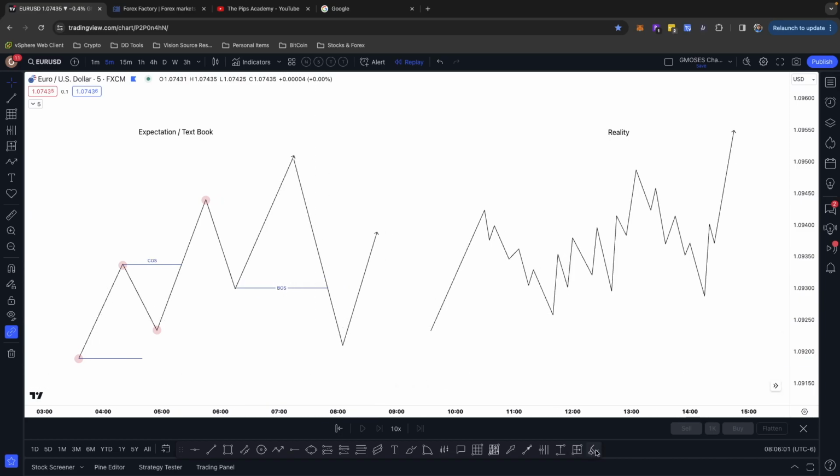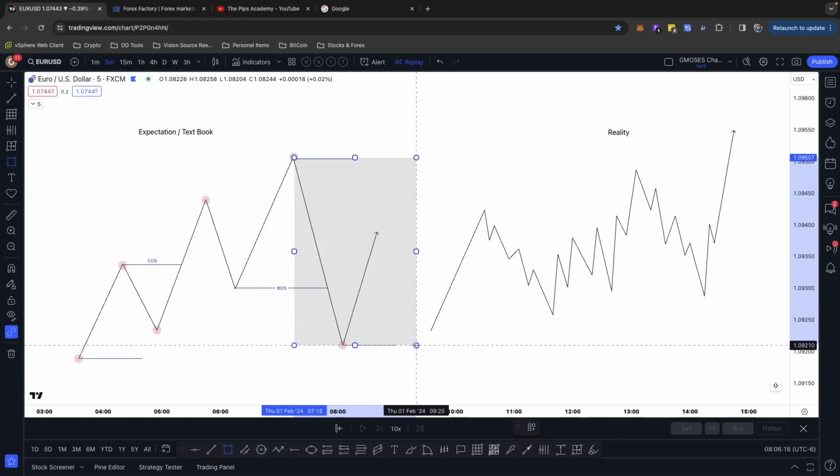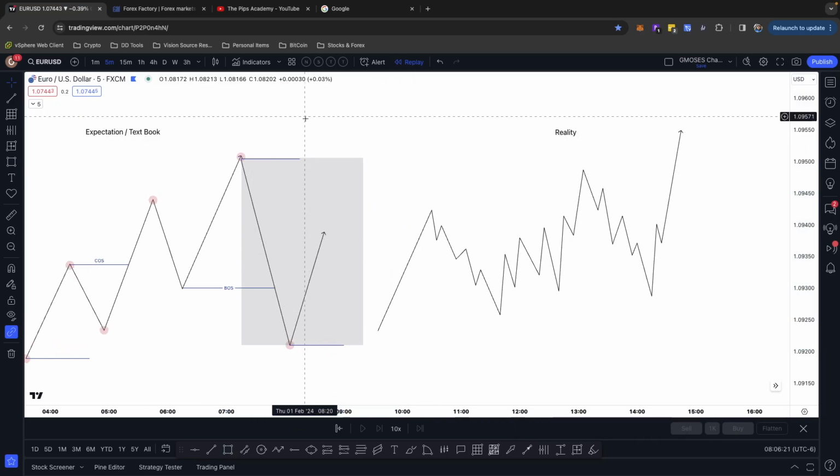Okay, so now we have a new swing high and a new swing low, because now like we said, our trend has changed characteristics and it's going in a different direction. So now we can utilize this box here to establish and say this is our current range.